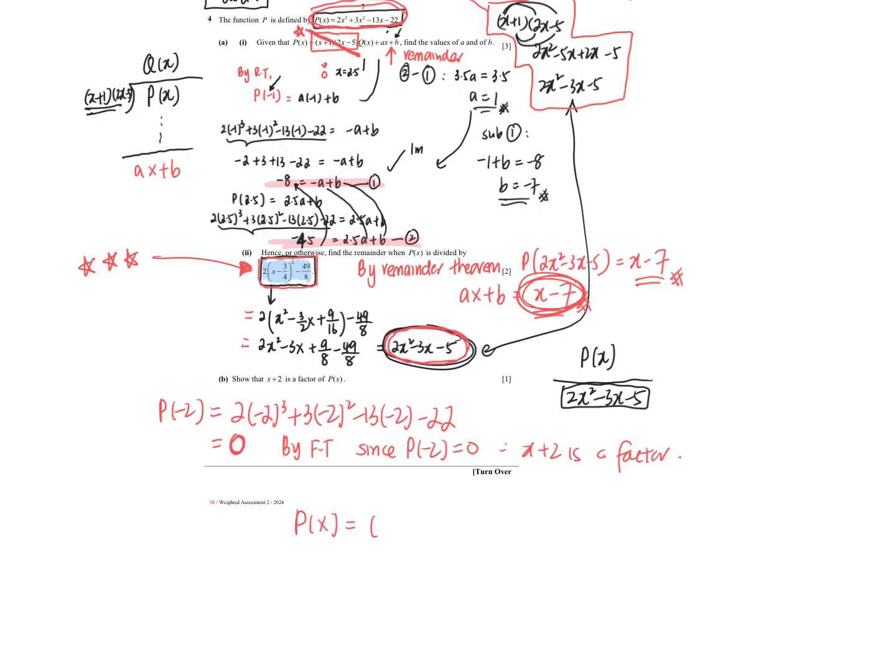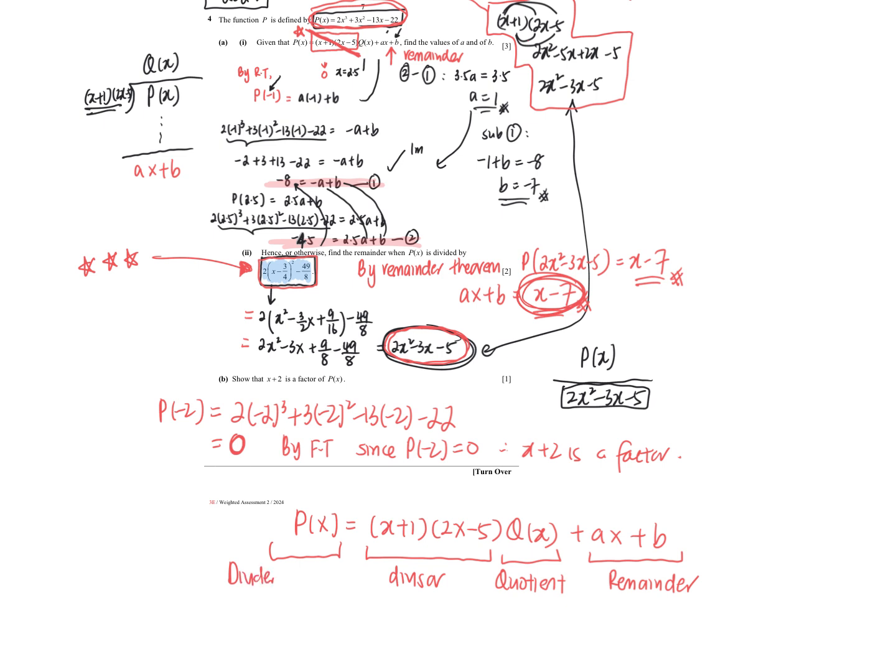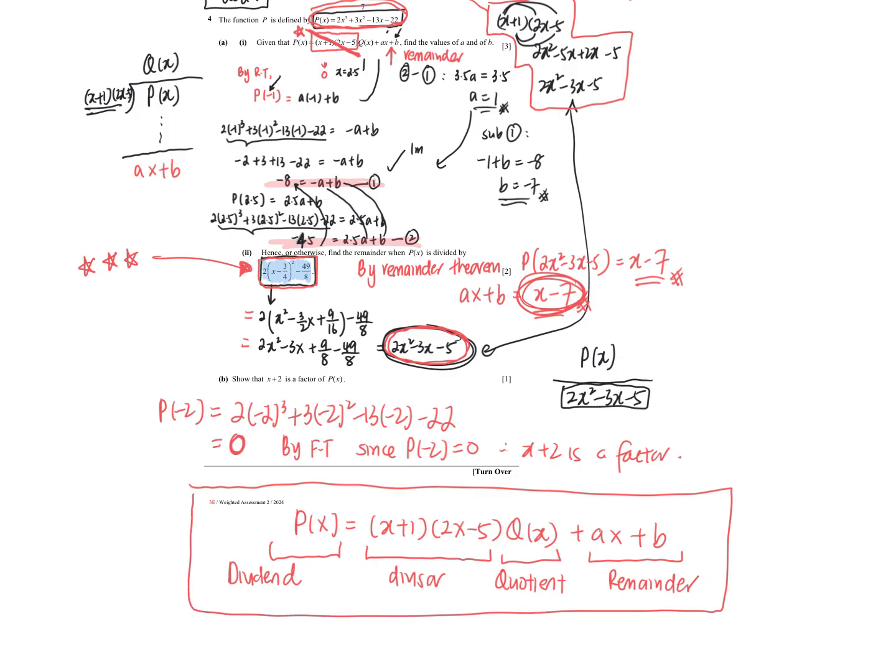Okay, let me write down my p of x one more time. Okay, can we all agree that at the start of the question, they already express your expression in an algorithm manner where it's divisor times quotient plus remainder?